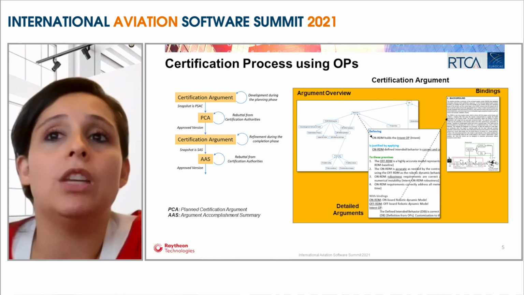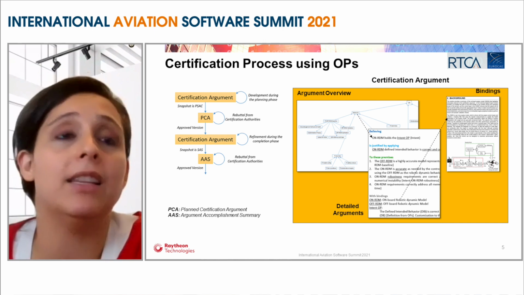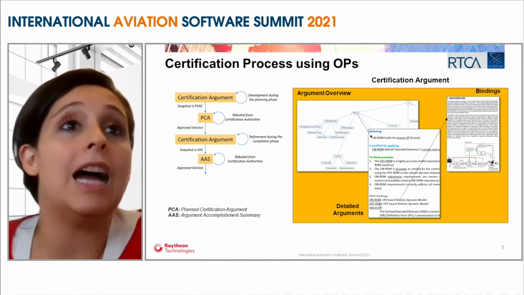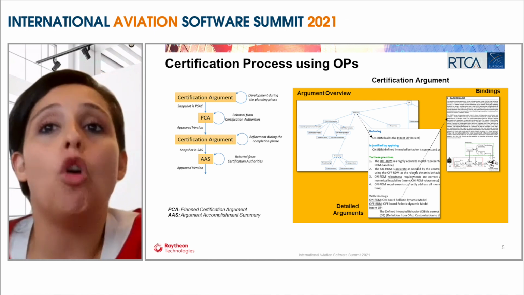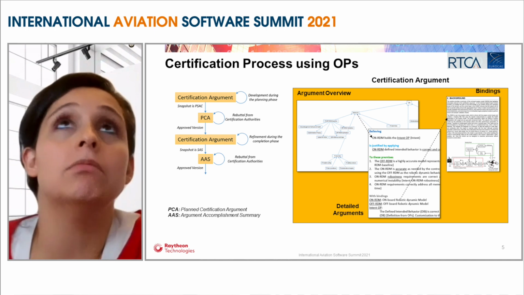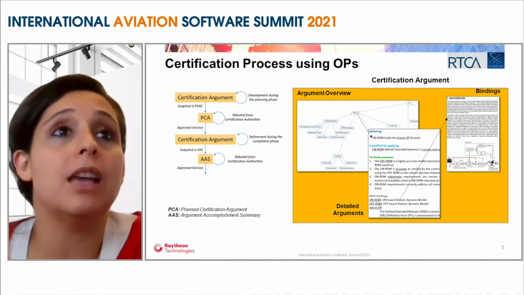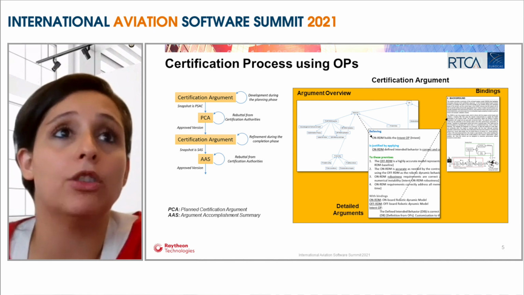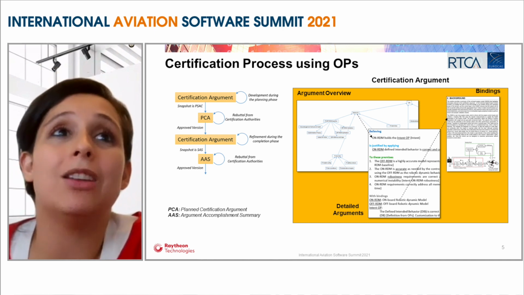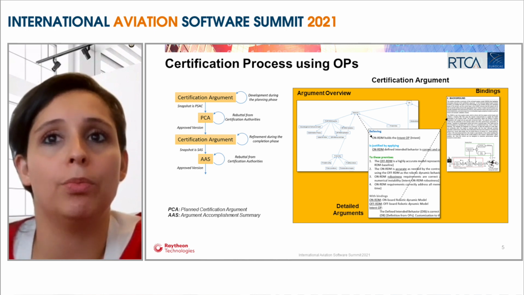Here the certification authorities will evaluate that argument and either provide an approval if they agree the argument is sufficient, or they want to rebut it. That means they think the argument is not sufficient, or there is evidence missing that you are not providing, or maybe you cannot understand what you are trying to propose.